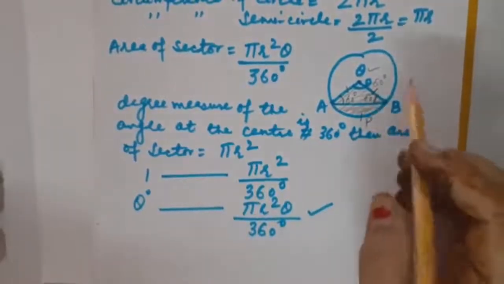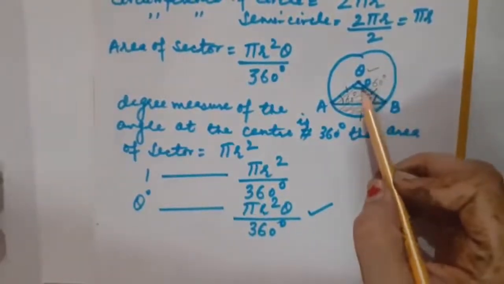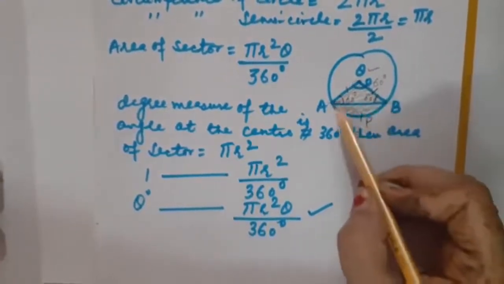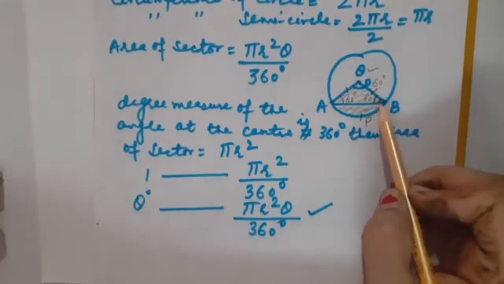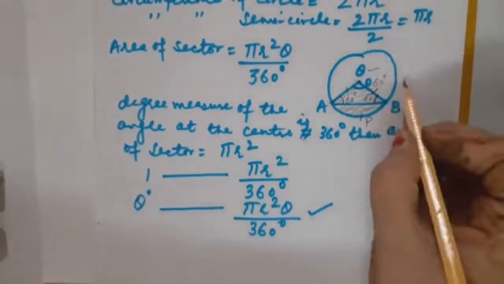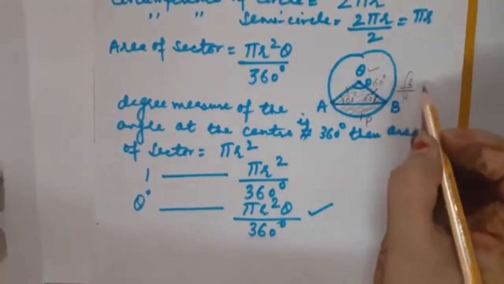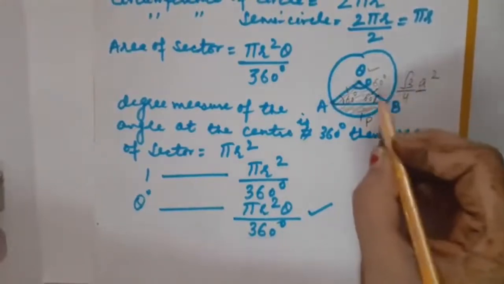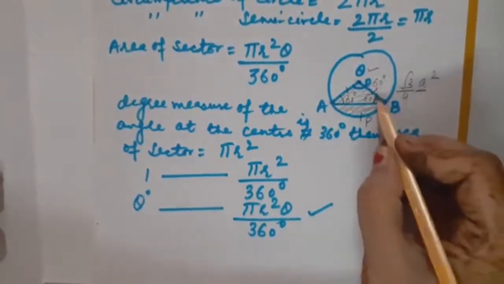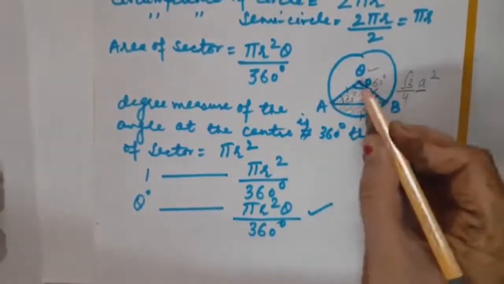So when the center angle is 60 degree, AOB becomes an equilateral triangle. And you know how to calculate the area of an equilateral triangle: root 3 by 4 a square, where a is the radius of the circle, which is the side here.